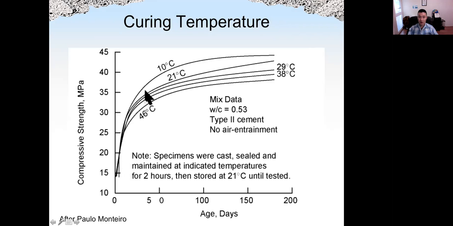Concrete cured in the first 2 hours at 10 degrees will achieve a higher strength after several months. So again, we see a big effect even for the first 2 hours on later strength.